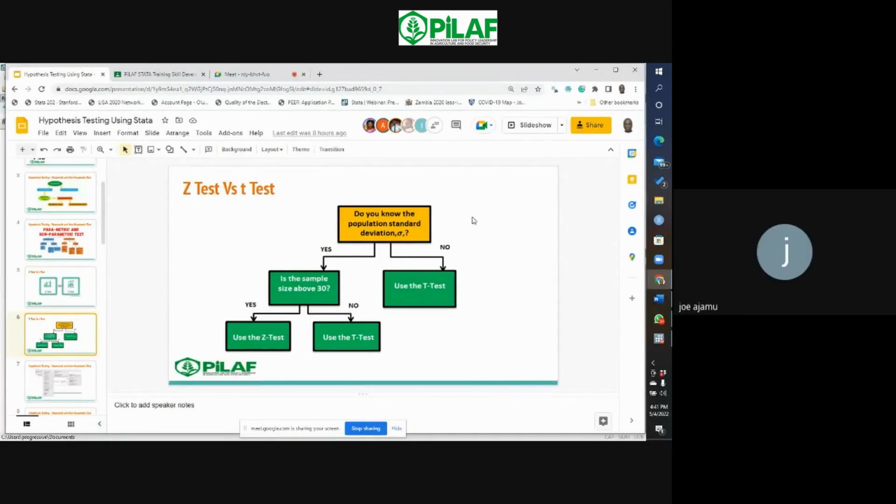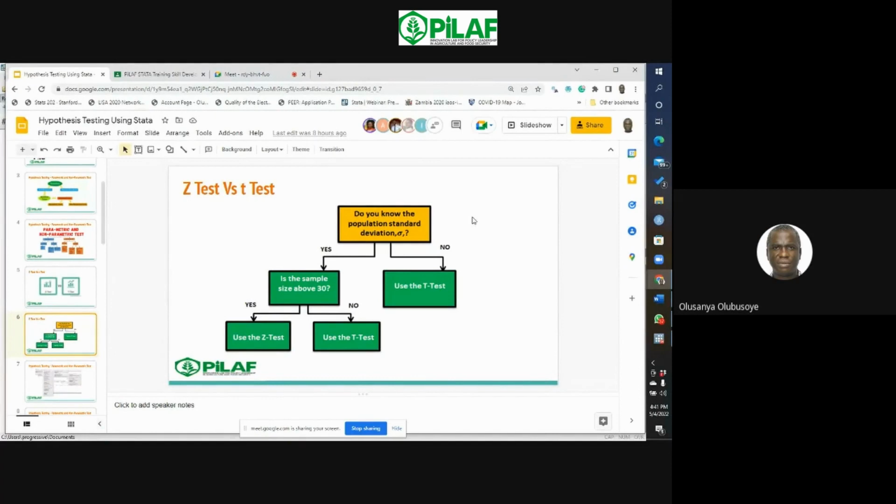You use the Z test when the population standard deviation is not known and the sample size is large. Is that clear? Clear, sir.